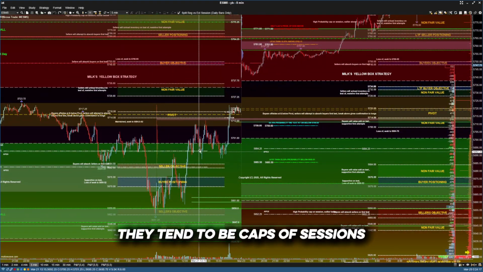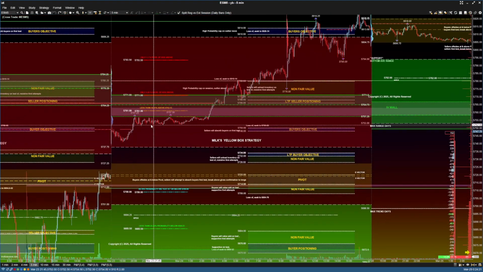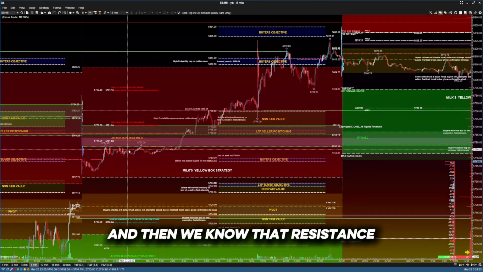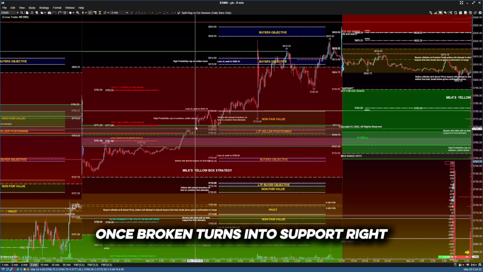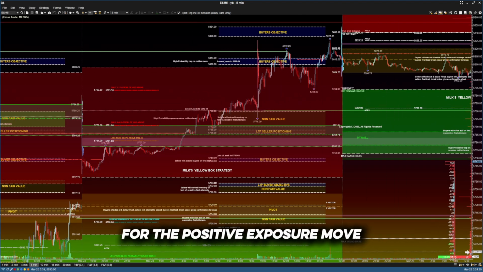Yeah, they tend to be caps of sessions in confluence with other things. And then we know that resistance, once broken, turns into support, right? So the retest, and then more continuation for the positive exposure move.